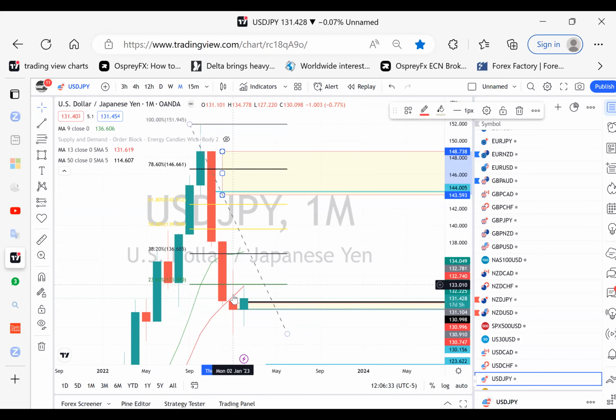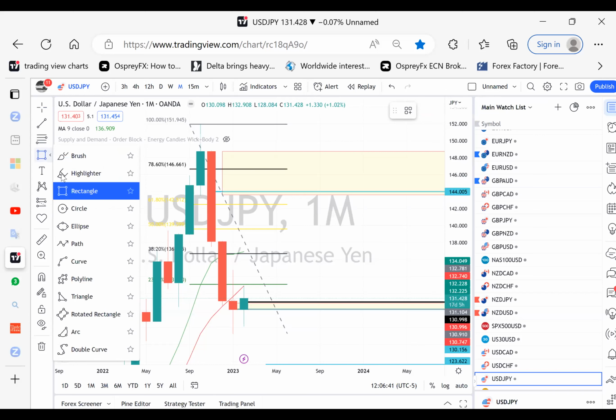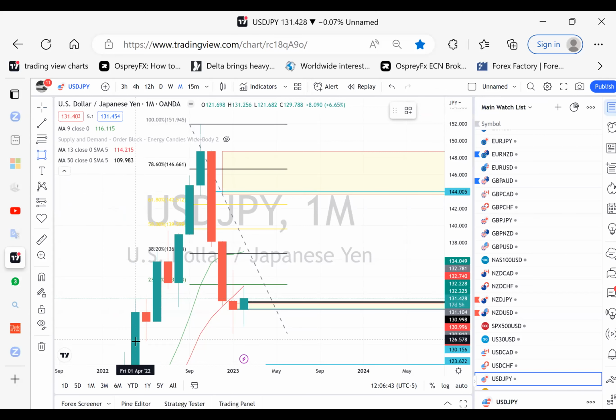It rejects. Then it pushes further down back into this area of accumulation, right? So this area of accumulation, oh man, it's being tested twice, basically.